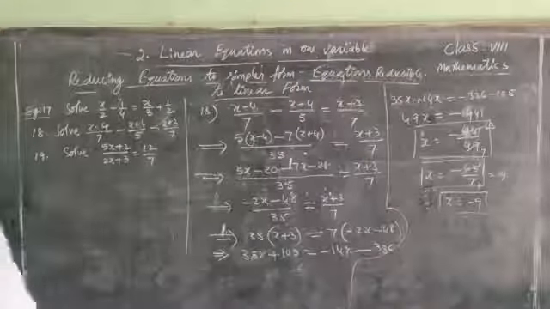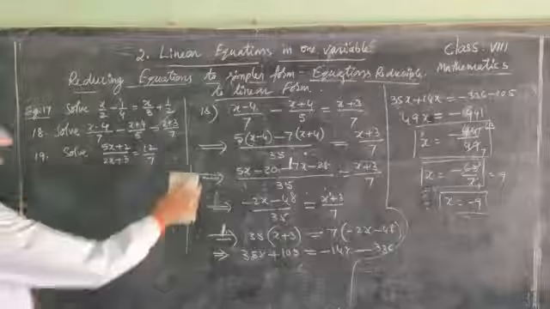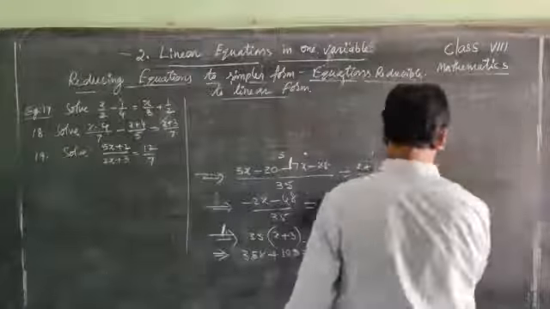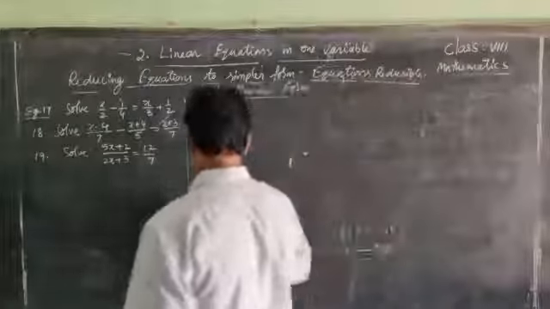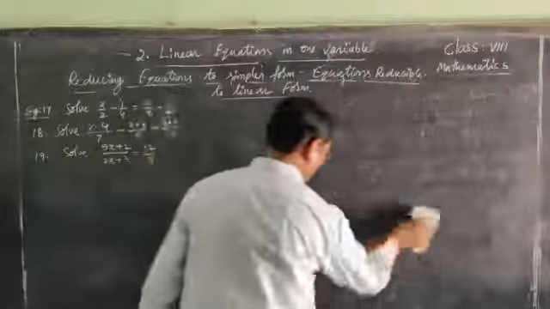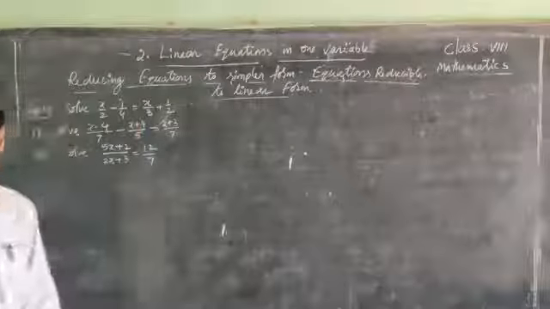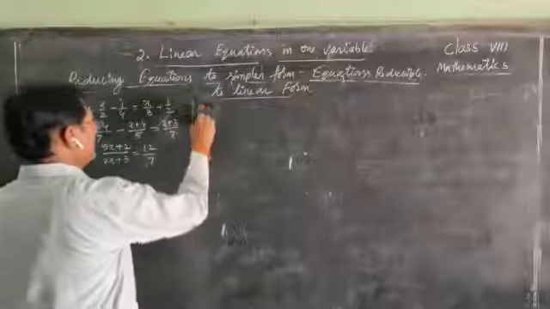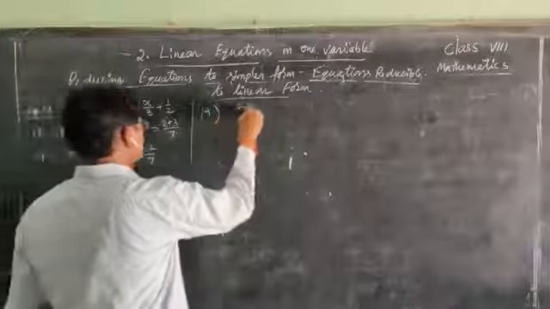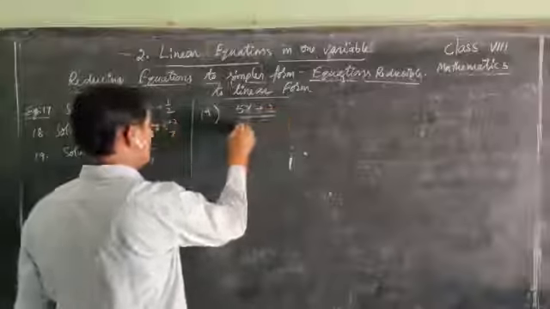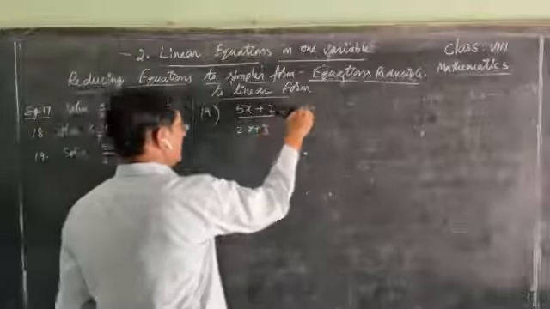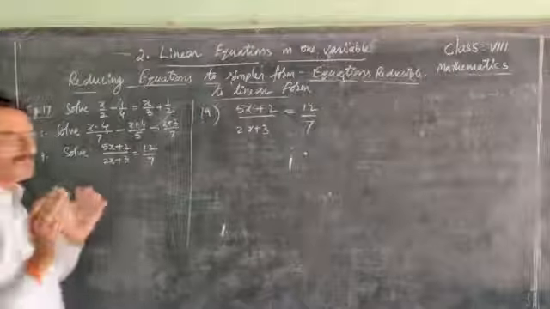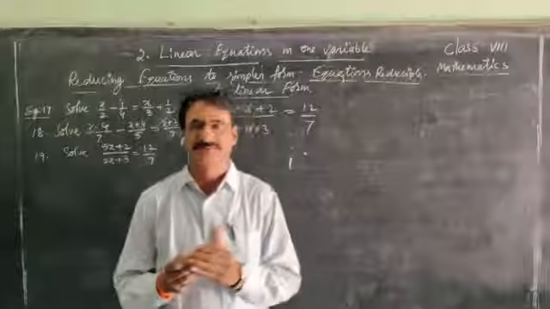In this example, it is the 19th one. 5x plus 2 by 2x plus 3 equal to 12 by 7. Fractions are given on both sides.